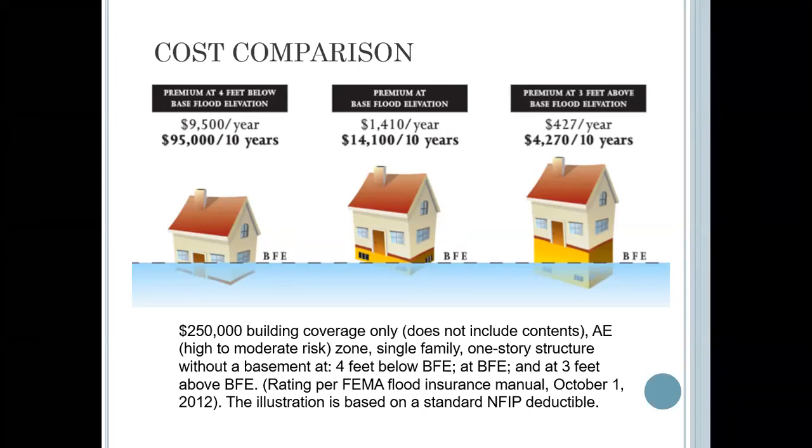It's about $427. It just helps those people who are maybe on fixed incomes or are low income communities or in depressed communities. The mandatory purchase is still a requirement if they've got a federal mortgage.